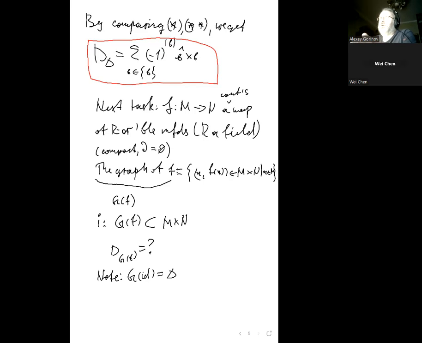And what does this mean? This means the map has a fixed point, which is always a good thing to know.